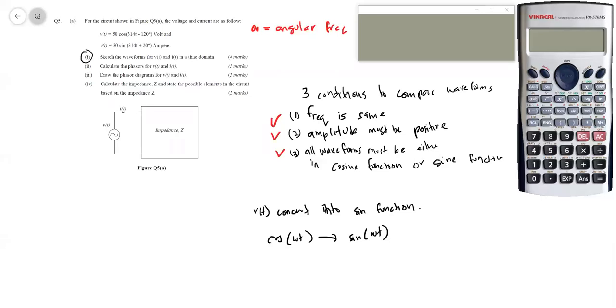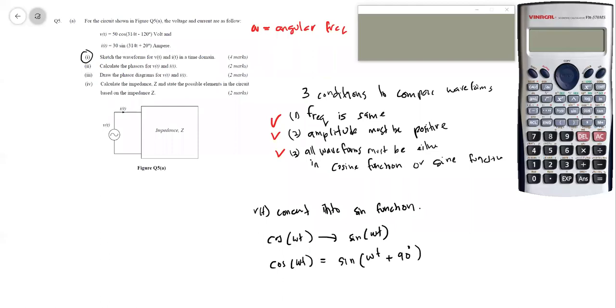So actually, cos omega t is equal to sine omega t plus 90. Is it minus? Is it actually positive? No, positive 90. So to convert cos into sine, cos omega t is equal to sine omega t plus 90.